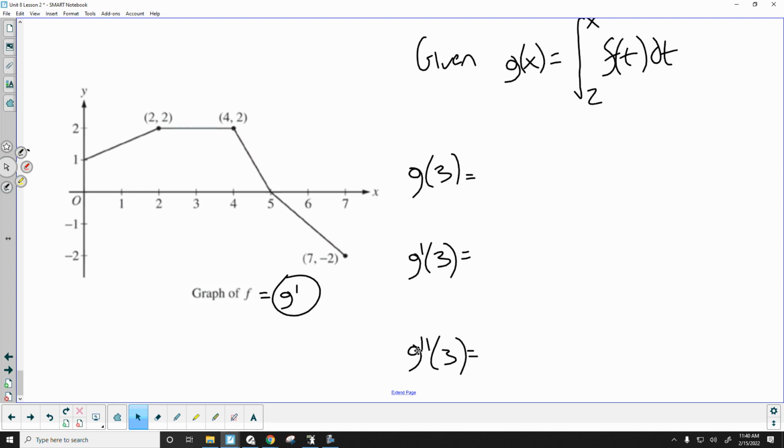Tell your neighbors, what is it? That's the graph of g prime, that's the derivative.